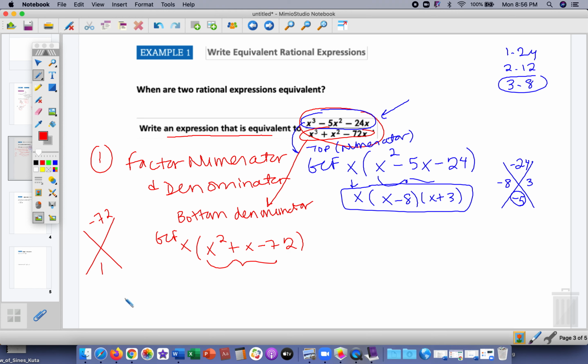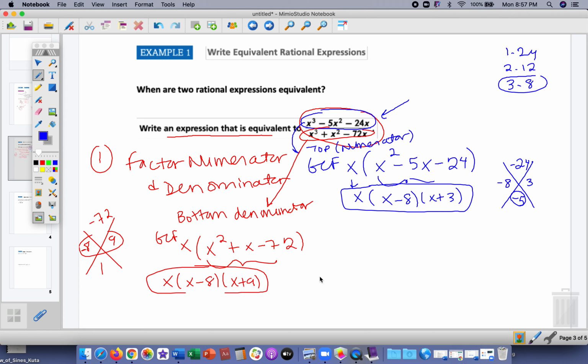Okay, so 1 and 72, 2 and 36, no. Let's see, the numbers have to be close together. How about some combo of 8 and 9? And if they add to positive 1, the 8 needs to be negative. So we'll have x times x minus 8 times quantity x plus 9, and this is the denominator.